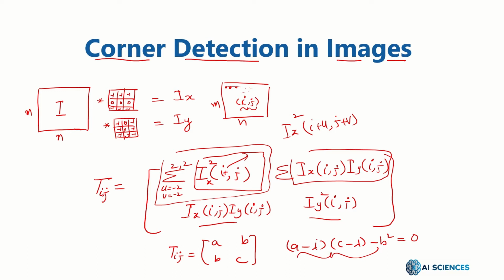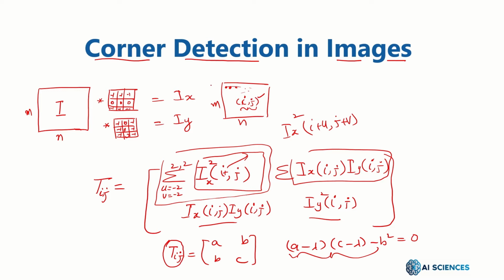That's a quadratic equation in lambda, and we need to compute lambda, maybe using perfect squares or something like that. But we have to do that for every pixel, then the next pixel and the next pixel, and so on. For every pixel, this Tij matrix might be different.